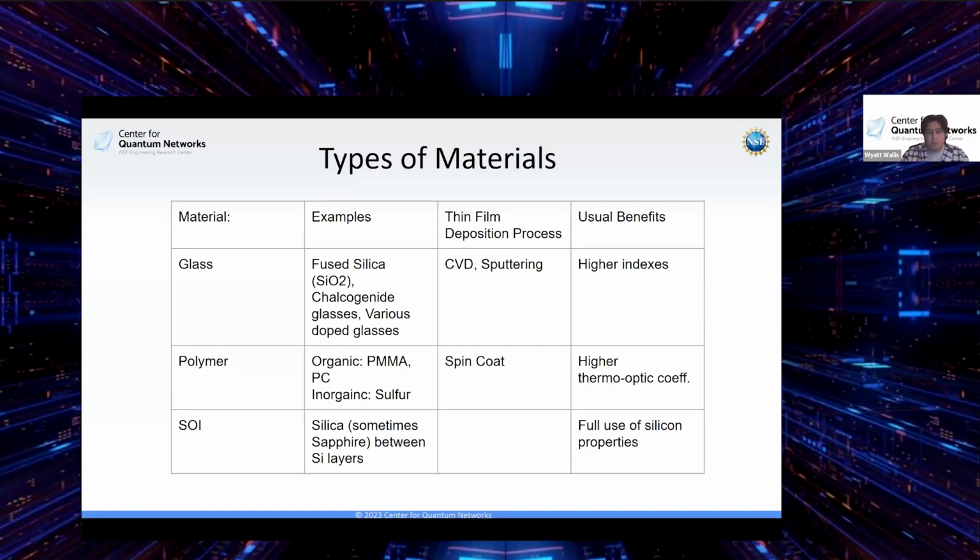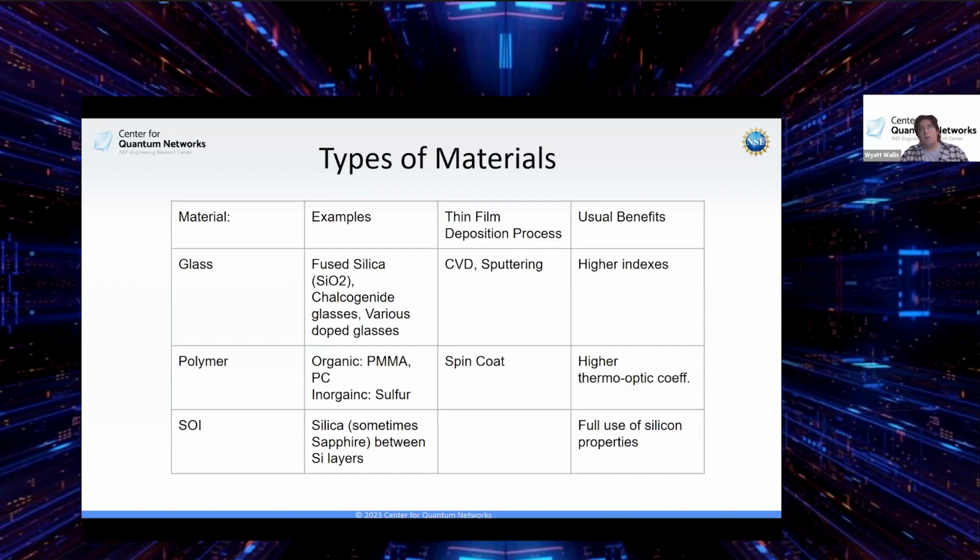The last one I'm going to talk about on the slide is called SOI, or silicon on insulator. What that really is, is a layer of silica, so SiO2, pretty much sandwiched between two layers of silicon.